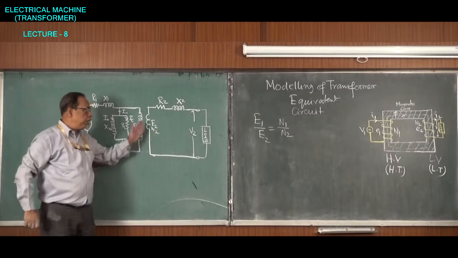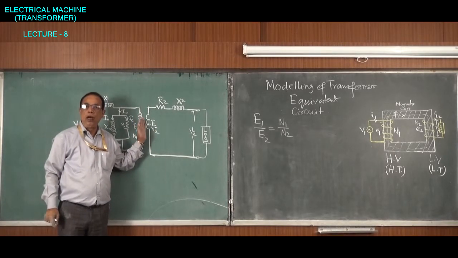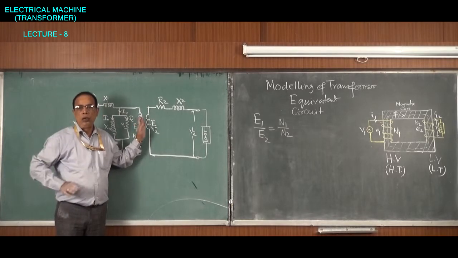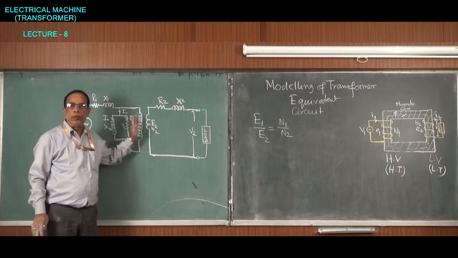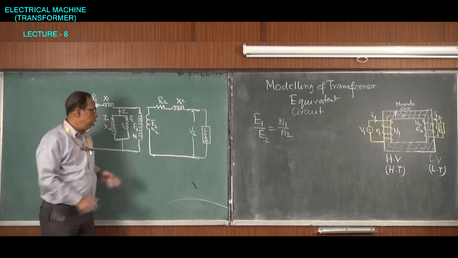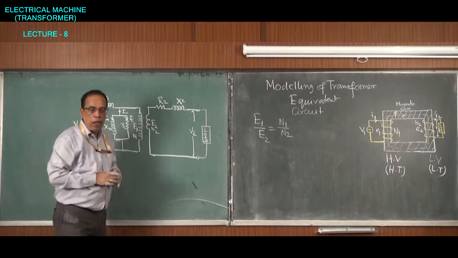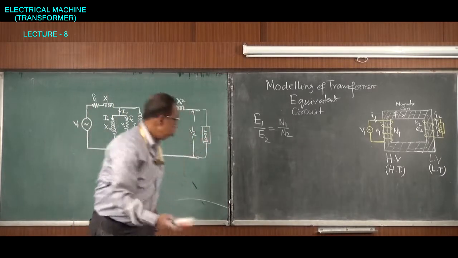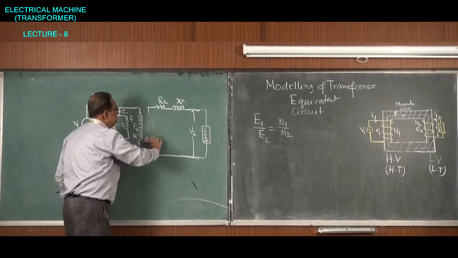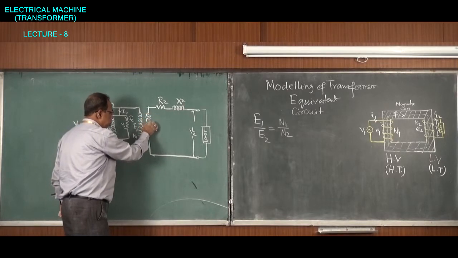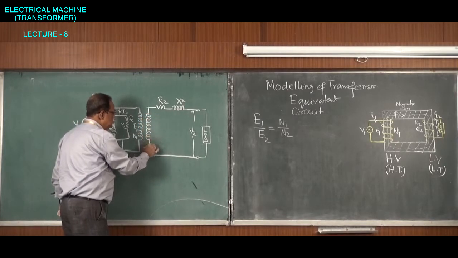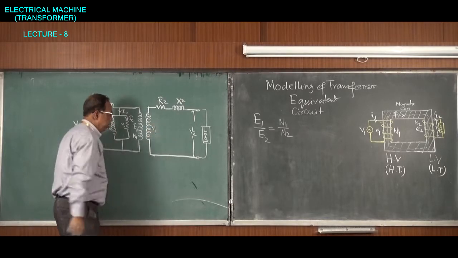If I replace this secondary coil by another coil whose number of turns is the same as the primary, that means the number of turns is N1, then these two coils will have the same voltage. So what we can do is just change this coil. Let us imagine we change the coil with the same number of turns N1.